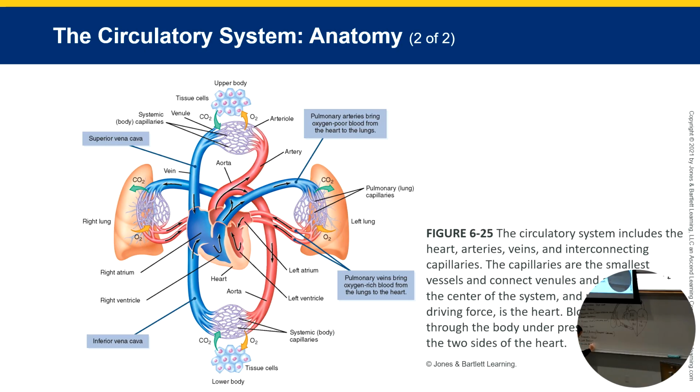Now, what kind of valve is it? Atrioventricular valve.